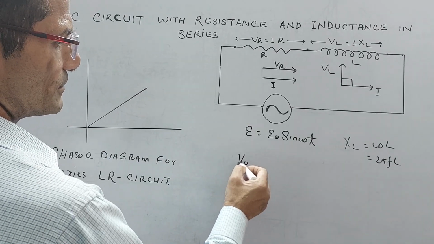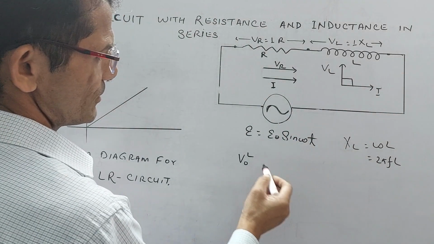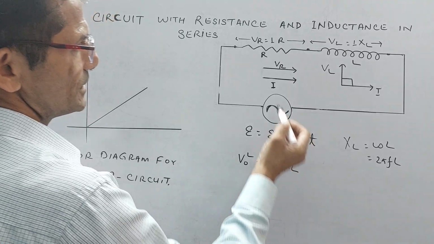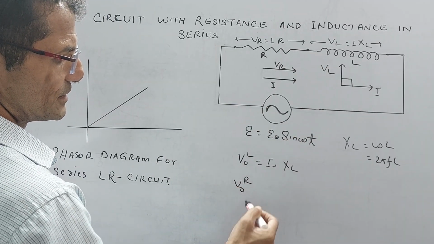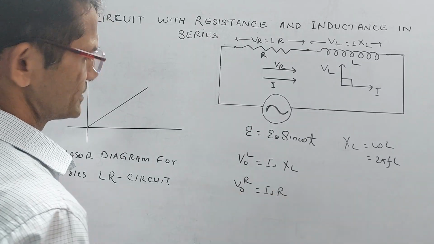The voltage amplitude across the inductor, V0L, is equal to I0 into XL, and the voltage amplitude across the resistor is V0R, equal to I0 into R.